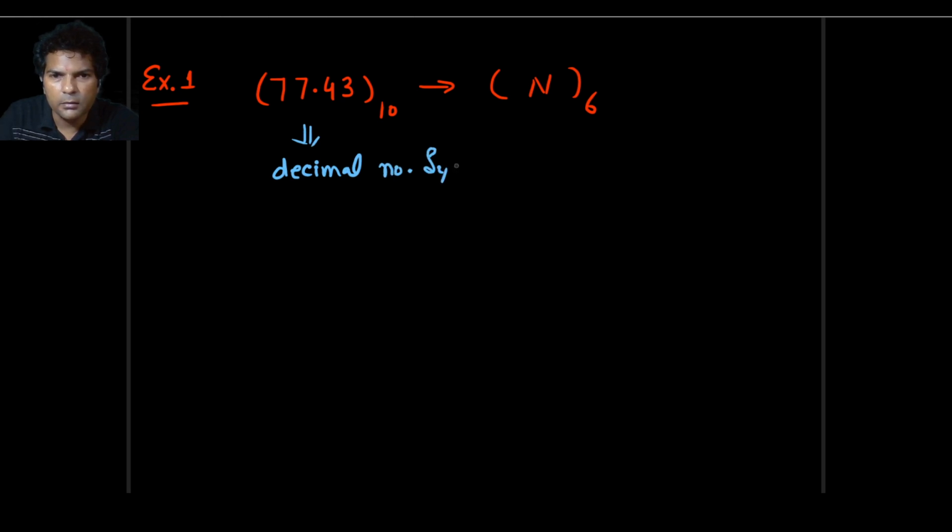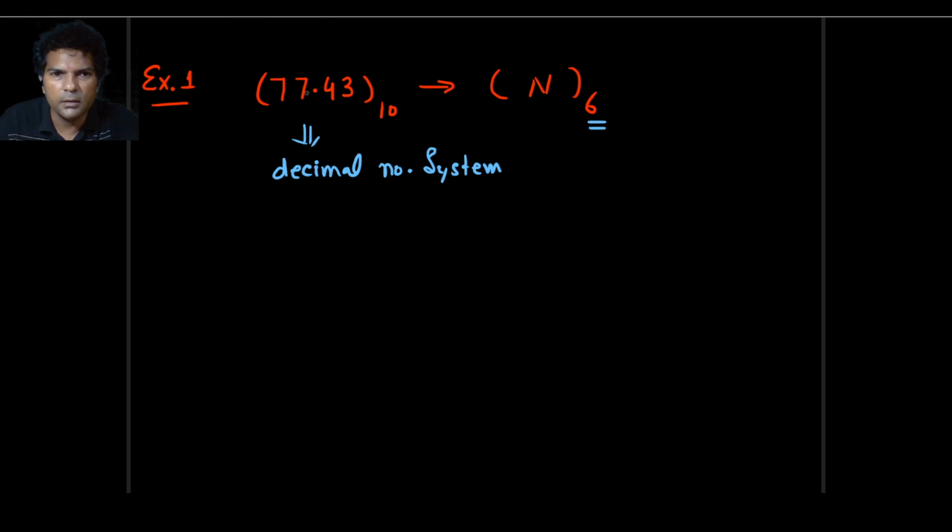In the previous lecture we discussed the first kind of conversion, that is, a decimal number system to any other number system. So just pick the base of the target number system.